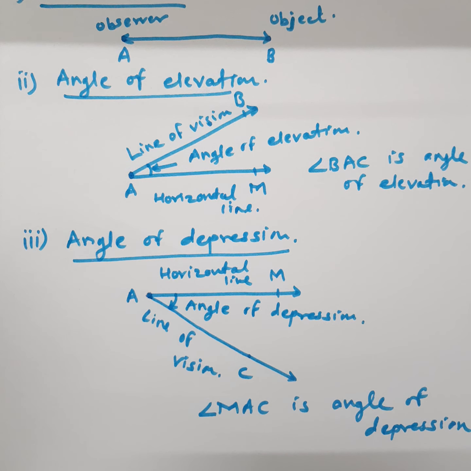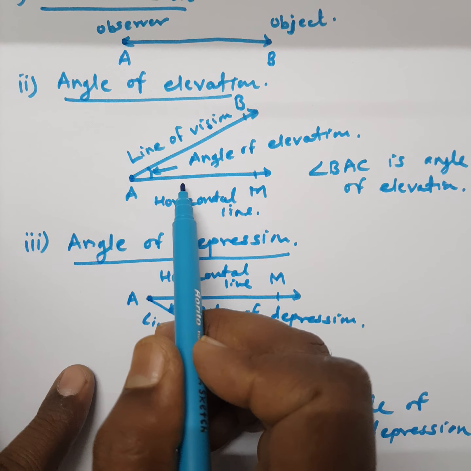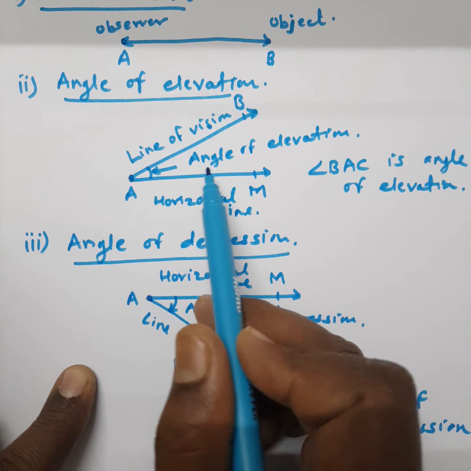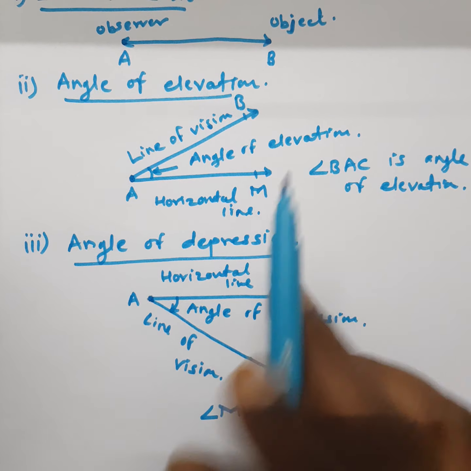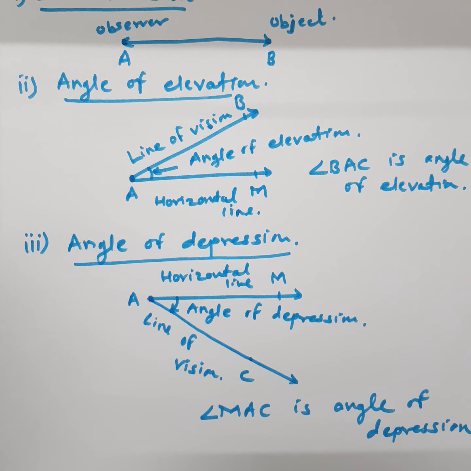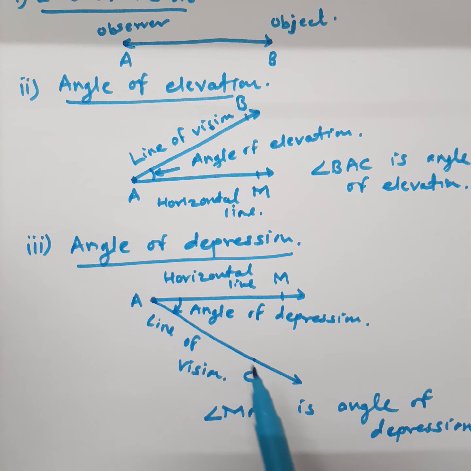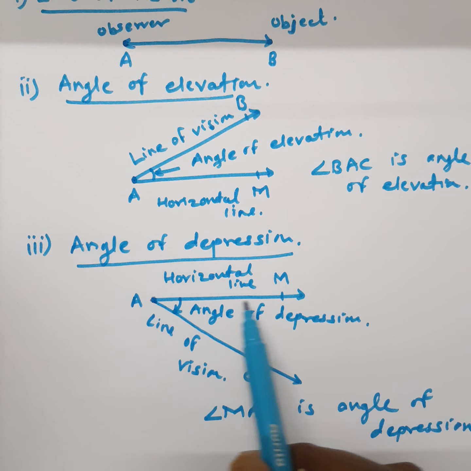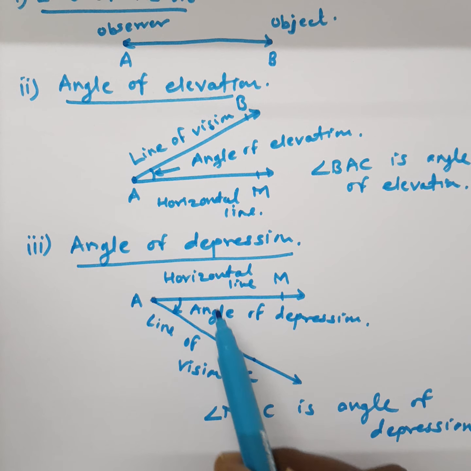If we see above the horizontal line, therefore there is an angle of elevation. The angle formed is the angle of elevation. When we see below the horizontal line, here in the second figure, AM is the horizontal line and the observer sees below the horizontal line, there the angle formed is the angle of depression.